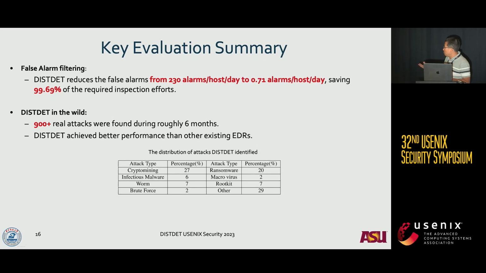This could be a big saving for security companies. And finally, we also deployed our system in some collaborating companies for roughly 6 months, and we were able to successfully detect more than 900 attacks. And we show that we are actually more effective than any other existing endpoint detection and response tools.